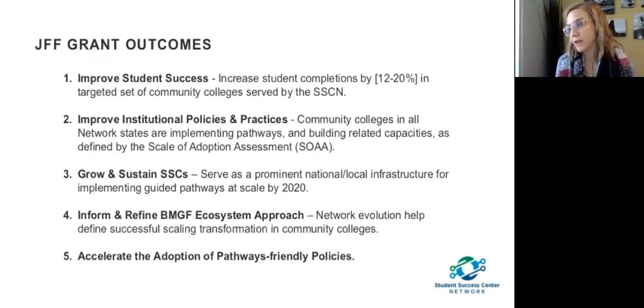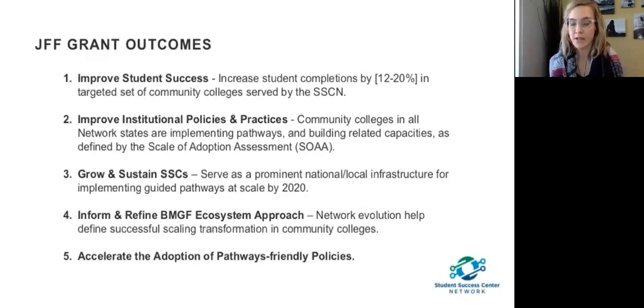And that's in brackets because the first part of our planning process with the Gates Foundation and CCRC involved an analysis of what is an appropriate target for community college completion, when we know that there's not a direct relationship or cause and effect through the network and our approach and the implementation on the ground with students.